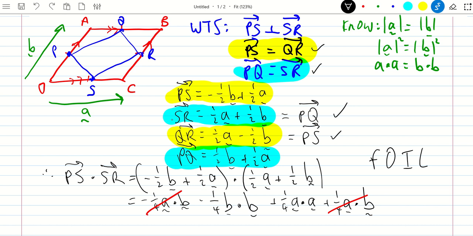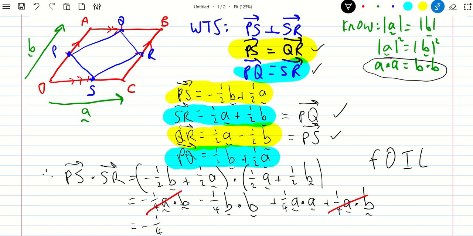But remember, we've got this fact up here that A dot A is equal to B dot B. And the reason for that is because the magnitude of A is equal to the magnitude of B. So I'm going to replace B dot B with A dot A because we know that they're equal to each other. So it's negative 1/4 A dot A plus 1/4 A dot A. And of course, that's equal to 0.